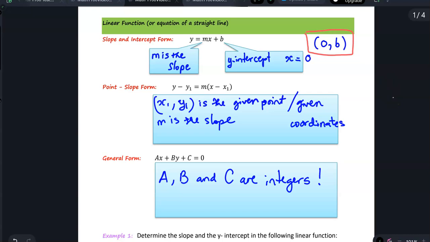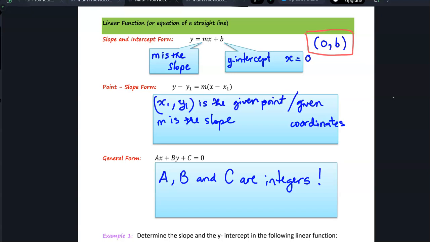Because sometimes the information is given to you, you need to figure out what form you can use in order to recognize your slope and your y-intercept, and you have to manipulate the equation itself in order to pull out the slope and the y-intercept.